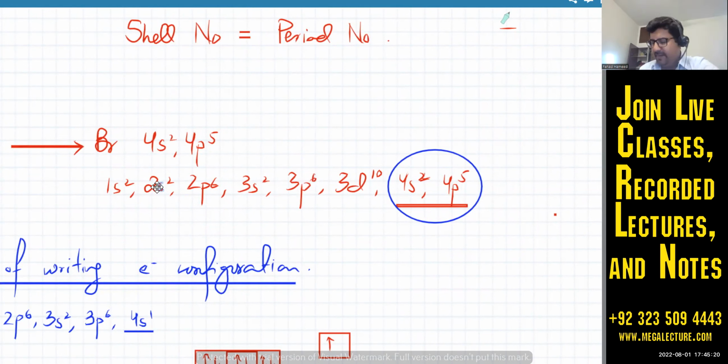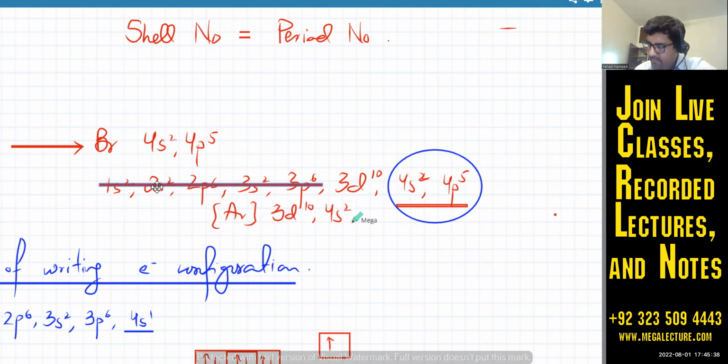So bromine will be, this part will be 18 electrons, that's argon. And then you put 3d10 and 4s2 and 4p5. Okay, is this clear?